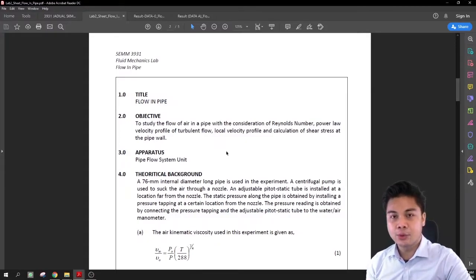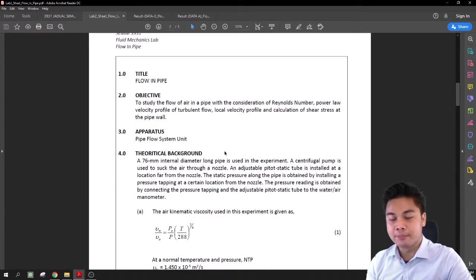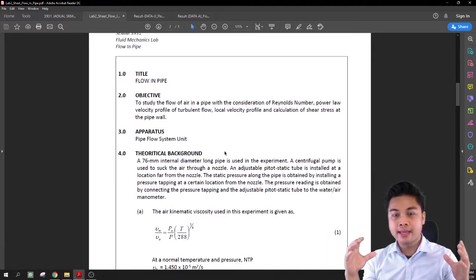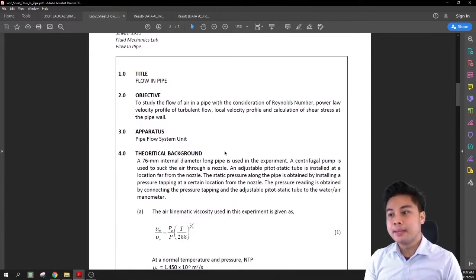The apparatus that we're going to use is the pipe flow system unit. Here is the theoretical background of the experiment. We have a very long pipe having a 76 millimeter internal diameter, and a centrifugal pump is used to suck the air through a nozzle.